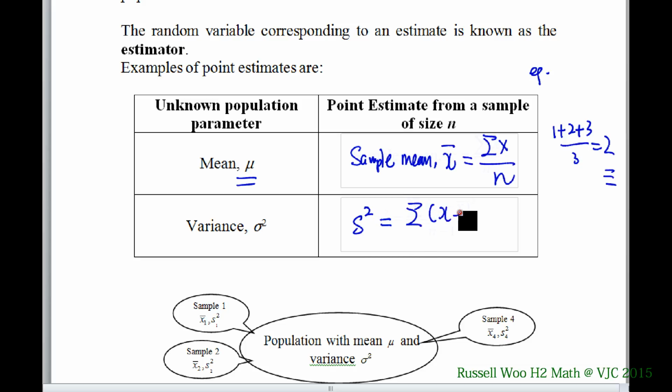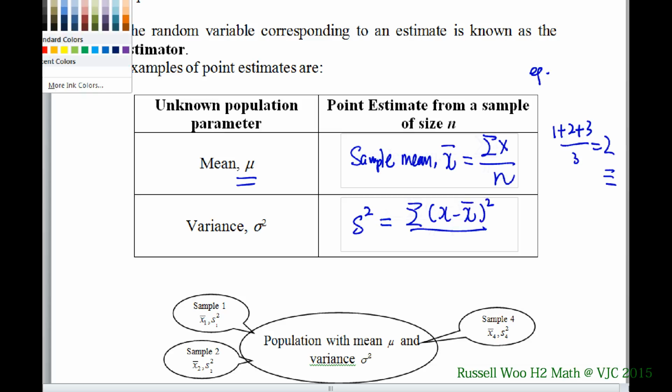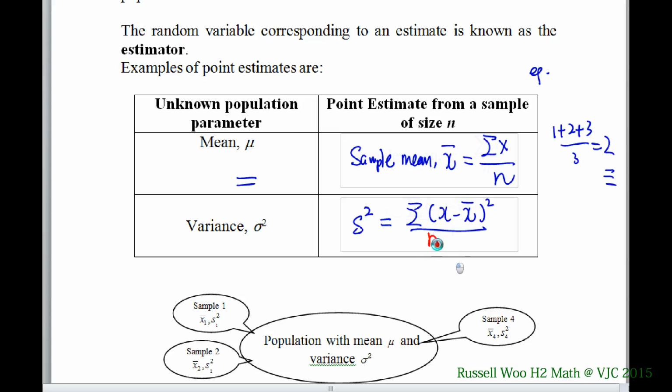It is this formula, which looks almost like it, except the denominator is n minus 1, not n. Why is it like that? I don't intend to prove. You can easily search the internet, there's a lot of proof. But it can be shown.